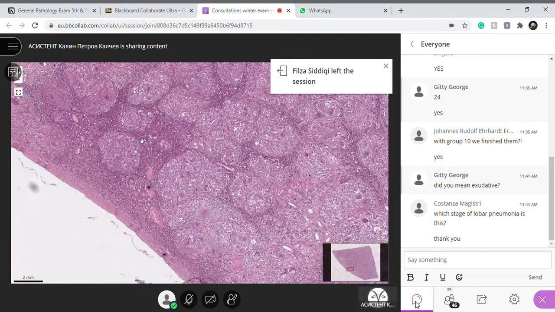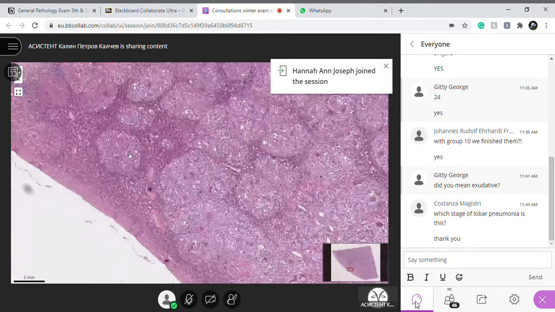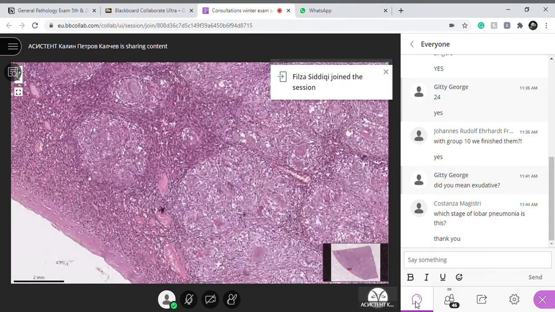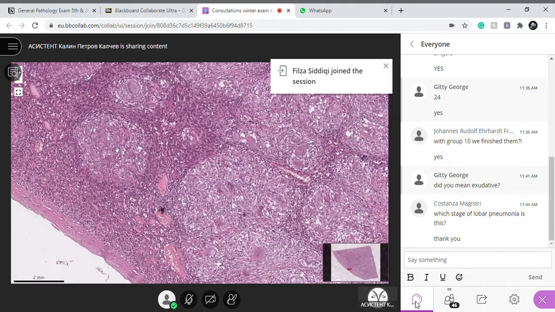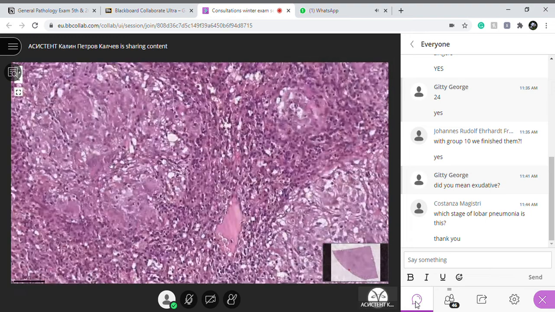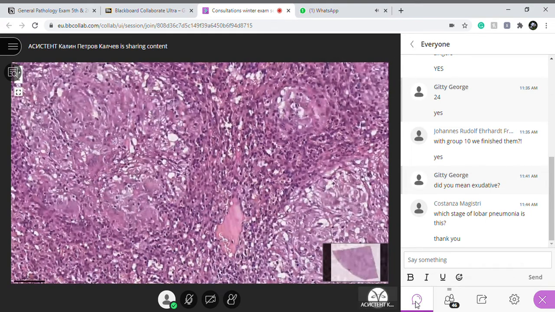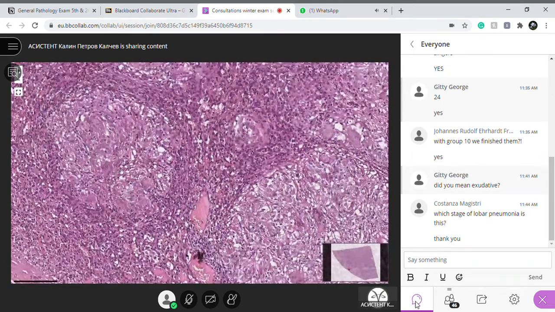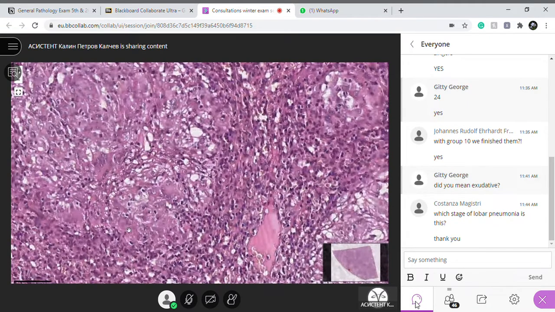But you can tell here that it is a granulomatous inflammation, because we see multiple of those granulomas. In contrast to tuberculosis, here these granulomas are defined as non-caseating granulomas because there is no necrosis in the center of the granulomas. Otherwise, they have all the components of the granulomas.